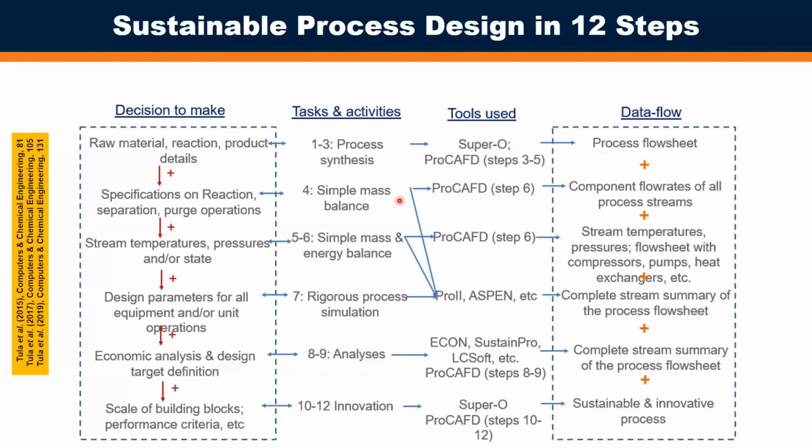Here we need to have identified all the design parameters for every piece of equipment and unit operations in there. Once we've completed this task, we will have a complete stream summary for the flow sheet. That means all states, all input Ps, and so on, which we can then use for the analysis step. That's where we get into looking at economic analysis, setting design targets, whether it's in terms of economic performance, sustainability performance, and so on.